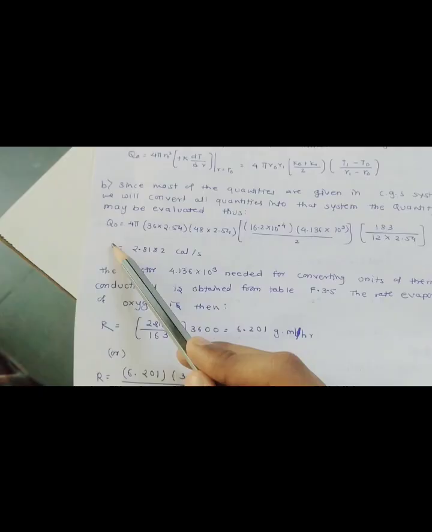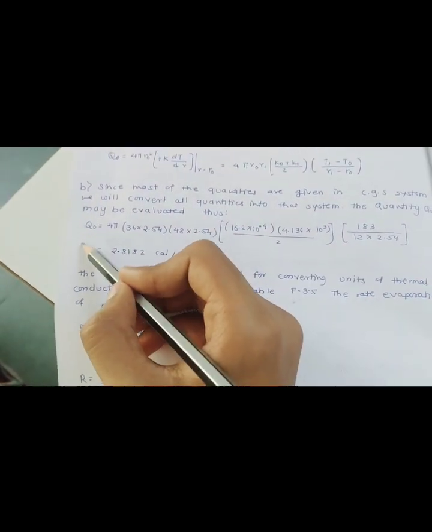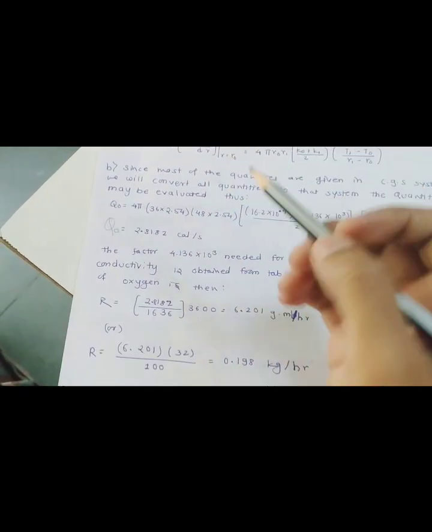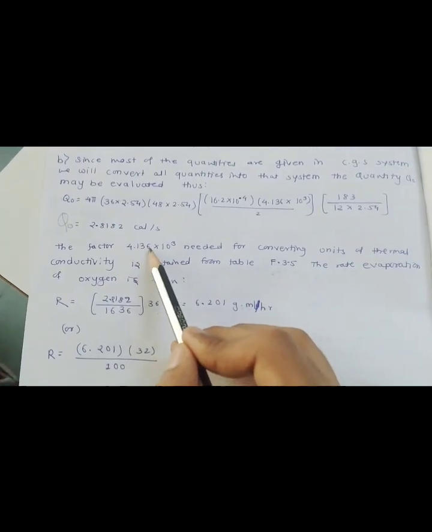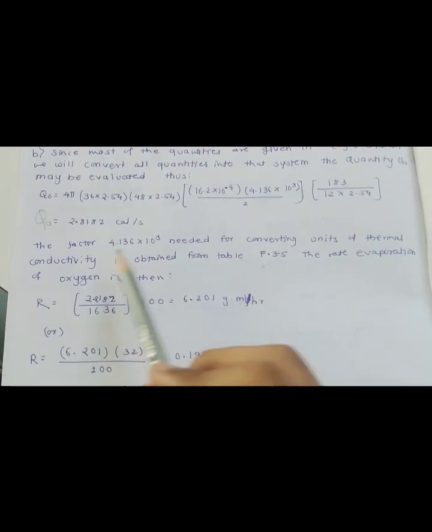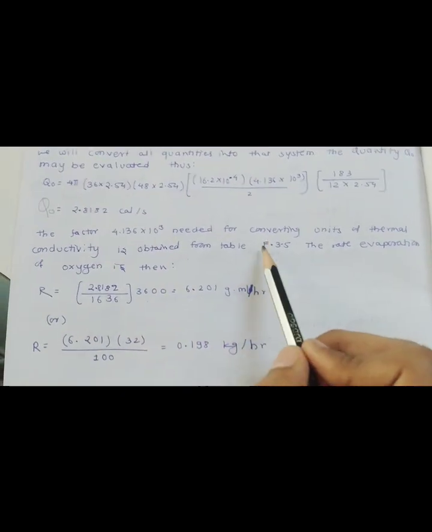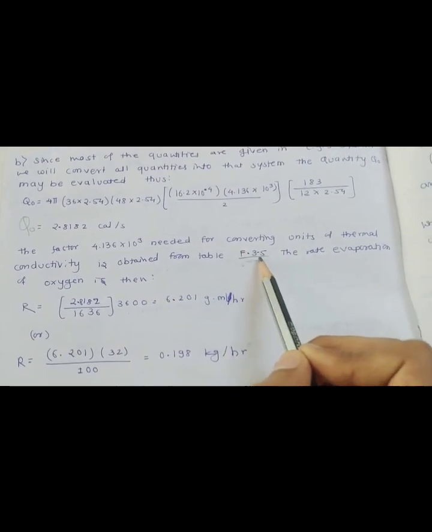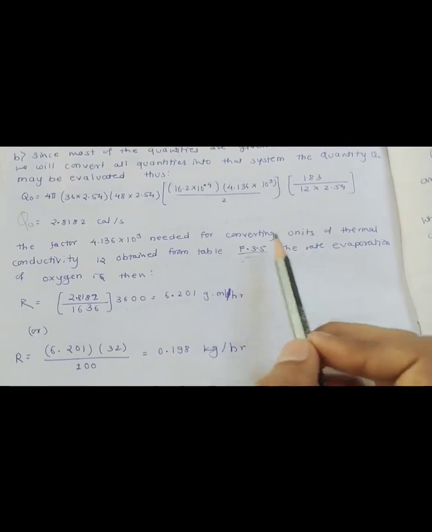So we finally get our Q0. The factor 4.136 into 10 to the power of 3 needed for converting units of thermal conductivity is obtained from table F3.5, which is very important.